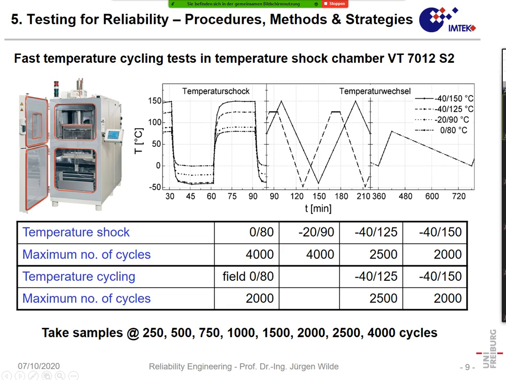But for bigger parts, of course, it always takes some time until they adjust to the temperature. So that's an exponential transition. Nominally, it's below 10 seconds transition, but in the end, depending on the mass of the specimen, the transition time can be significantly higher.